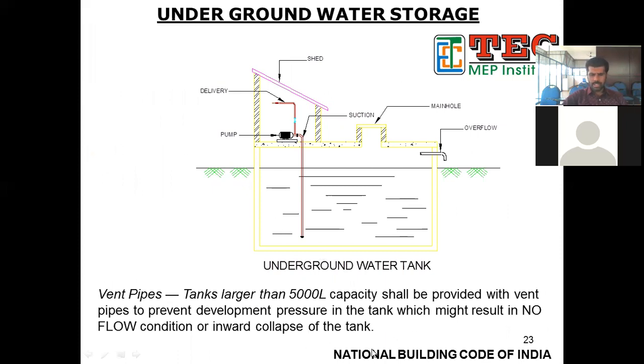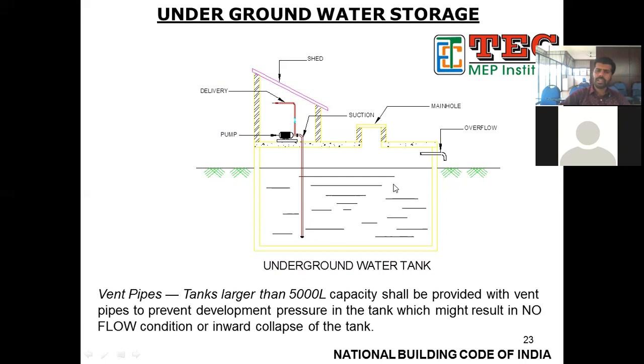This is recommended by NBC. Tanks larger than 5,000 liter capacity shall be provided with vent pipes to prevent development of pressure inside the tank, which might result in a no flow condition or inward collapse of the tank. So a no flow condition can occur, where there is no movement of water.